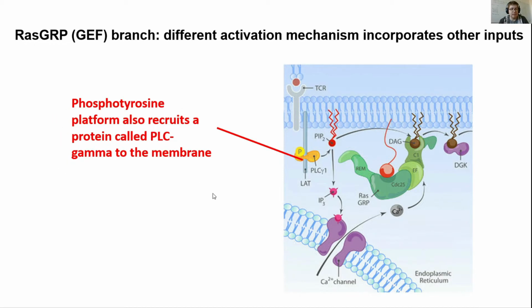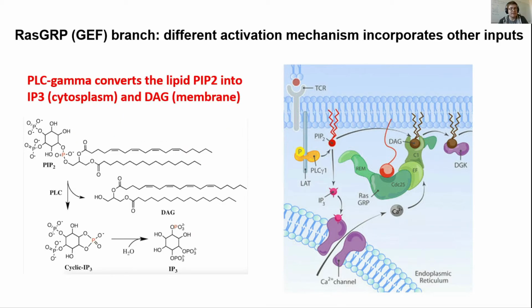But in this case, that phosphotyrosine platform can recruit a protein called PLC gamma, phospholipase C gamma, to the plasma membrane. So instead of recruiting the GEF directly, we're recruiting this protein PLC gamma. And what PLC gamma does, and you may or may not have learned about this signaling molecule yet in the course, is convert the lipid PIP2 into inositol triphosphate and diacylglycerol. So PLC is going to convert PIP2 into IP3 and DAG.